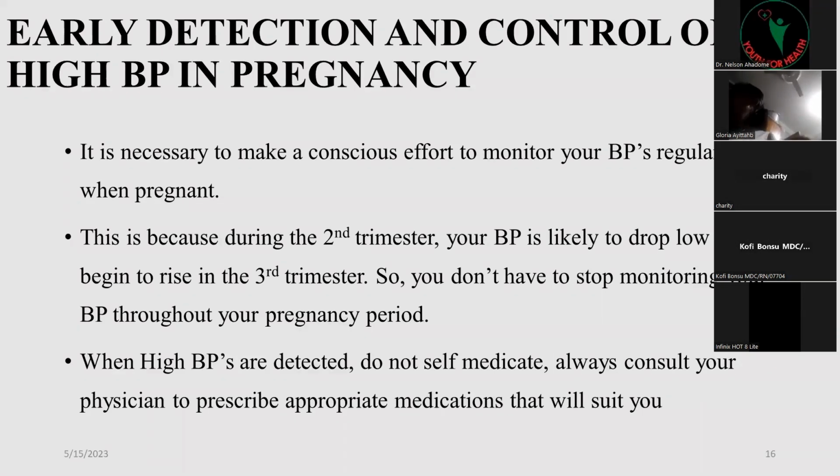So it is always essential for the pregnant woman to know her blood pressure levels. That's by checking it regularly and going for maternal checkups regularly. You can also get the equipment at home and check your blood pressure regularly.